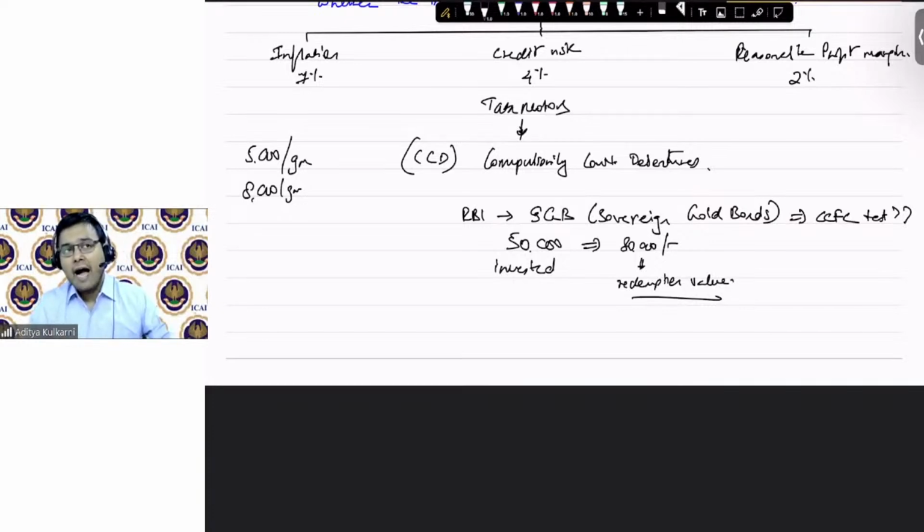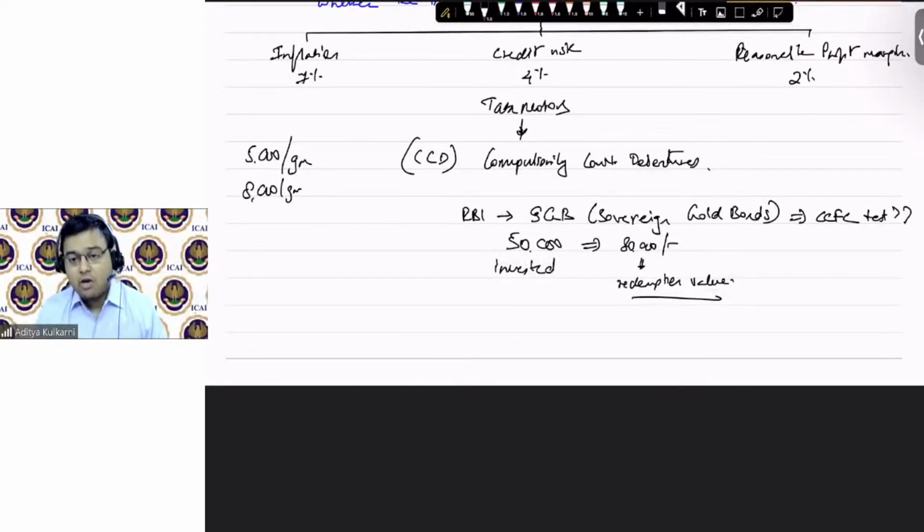Somewhere you have an interest in the price of gold and not in the return of the principal. Somewhere you are saying that the gold price is increasing so much, so it is better that I invest in sovereign gold bonds. Your interest is not only principal and interest return. Your interest is matching the return that gold is generating on account of the high price movement which is happening currently.